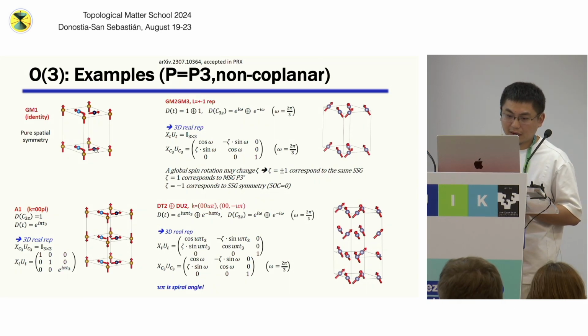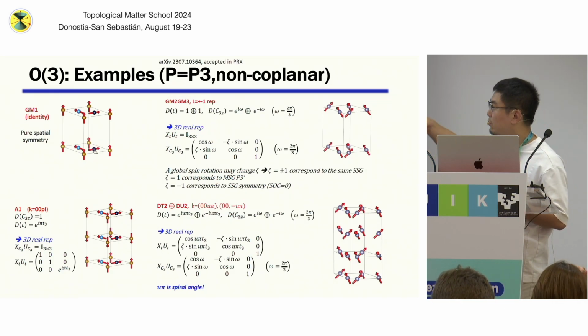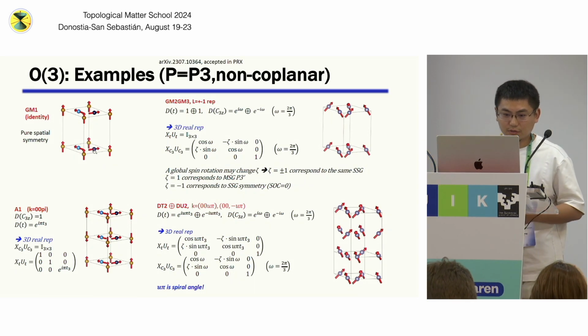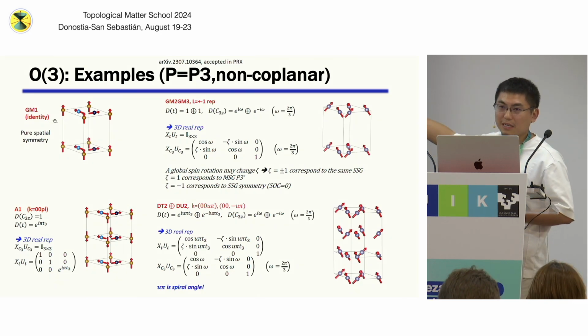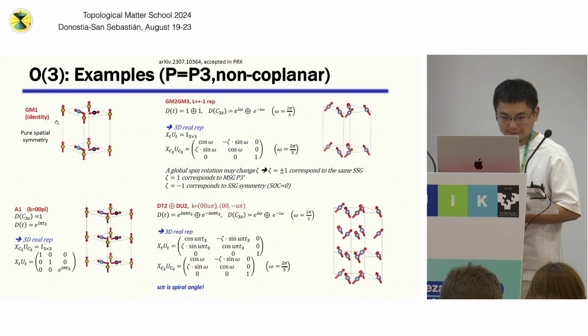And so when we apply C3 operations, for example, centered at this black atom, we do nothing to the moments. So the moments can align in any direction. Yeah. So basically for this symmetry, you just put random directions. So this is one possibility.